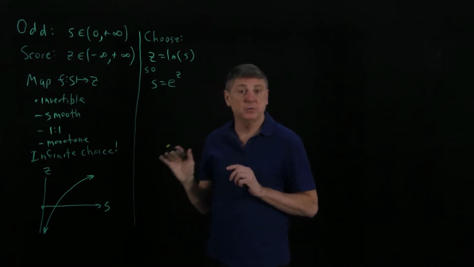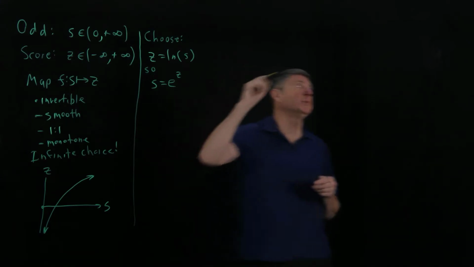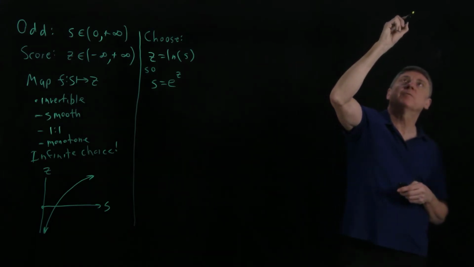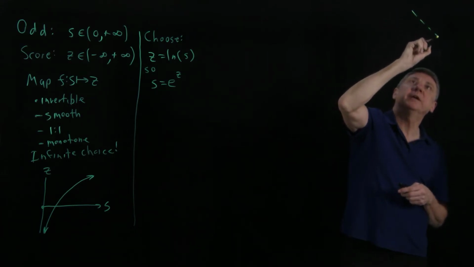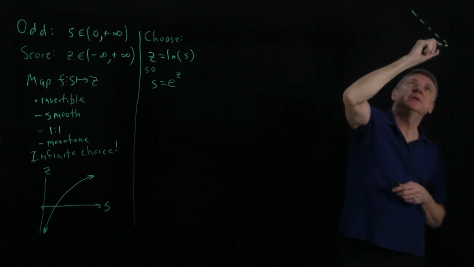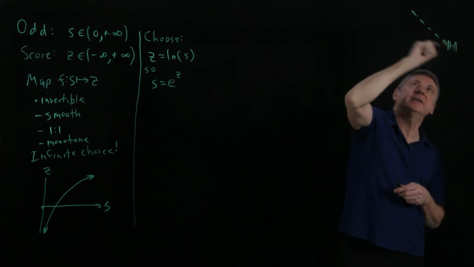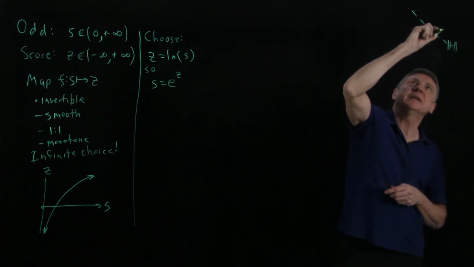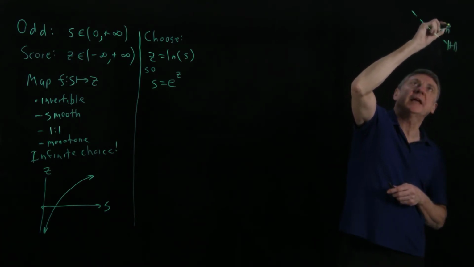Now, how could we get the score? Well, let's recall from our familiar diagram what we do. We have our hyperplane H, and let's represent it as the unit normal n.